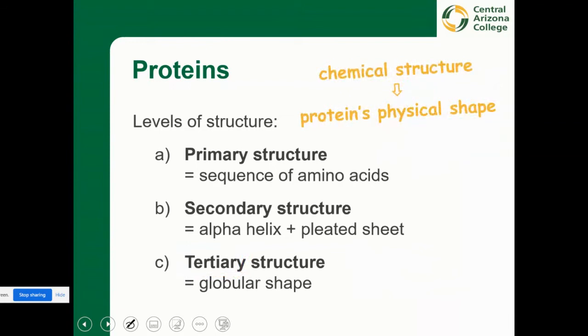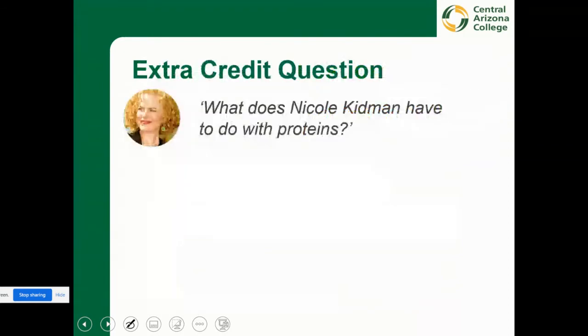One of the things that we saw is that when you change the chemical structure of a protein, the physical shape of the protein also changes. We saw that when we talked about Nickel-Kidman. The question in the exam is going to be: what does Nickel-Kidman have to do with proteins?